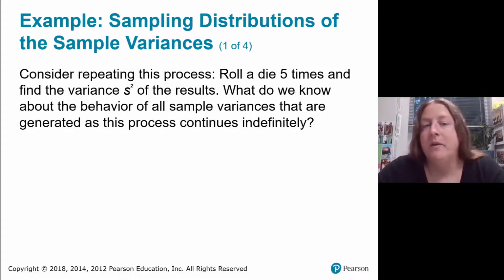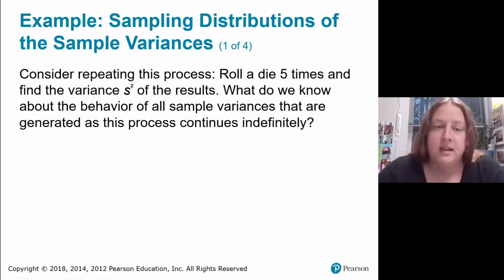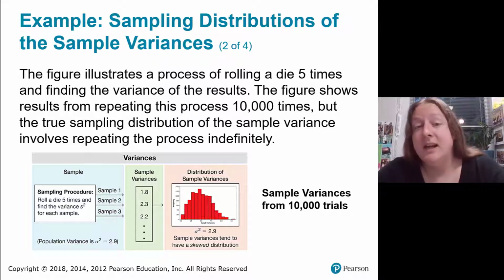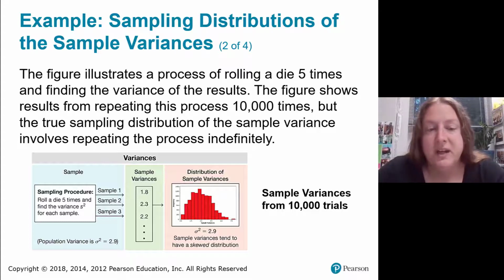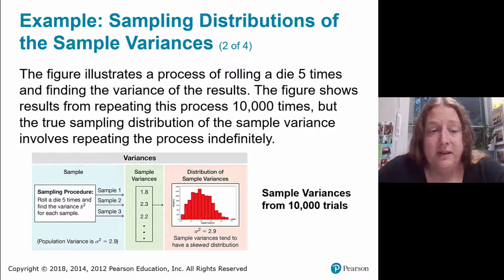So again, let's roll that die 5 times and find the variance of the results. We're going to find some sample variances and think about what we know. We're going to repeat it 10,000 times. Again, we'd have to do it indefinitely to get the real deal. But with our 10,000 times, we can already see it's skewed to the right a little bit with that distribution, and we have values ranging from 0 on up.